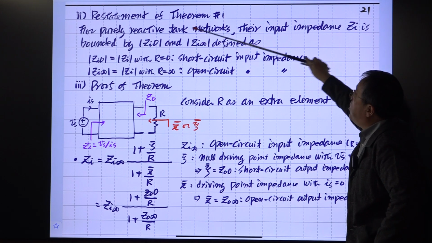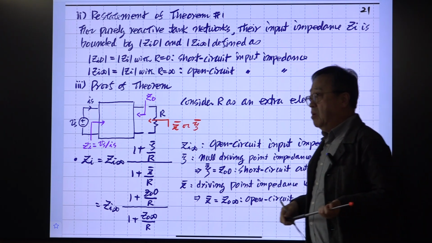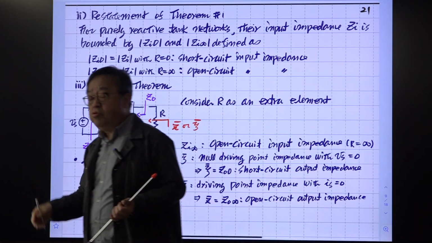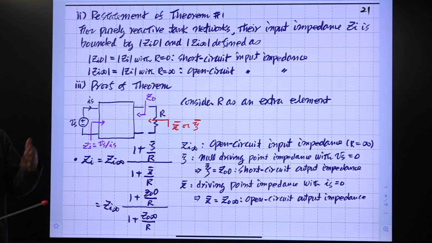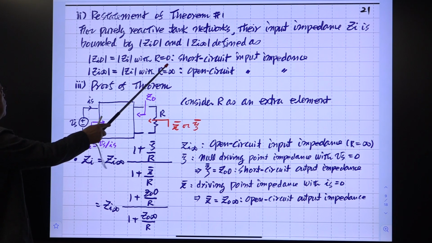In the beginning of this topic, I told you that this dependency is very strong, and most of the characteristics are determined by two extreme conditions of the load. One is the short circuit, and the other one is the open circuit. So that appears here.